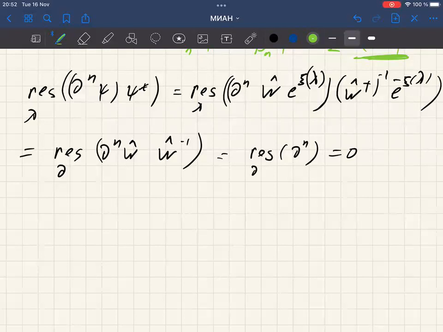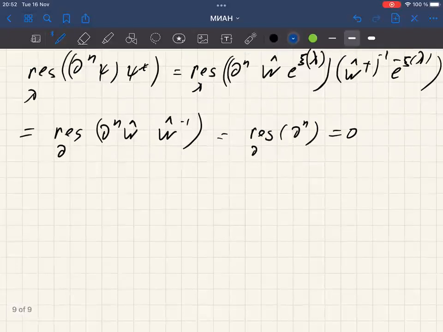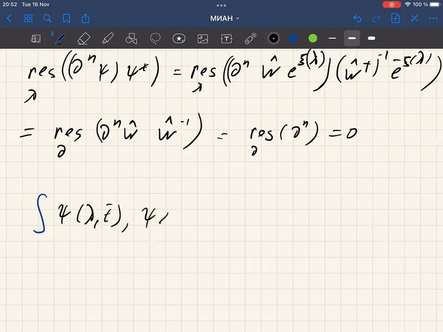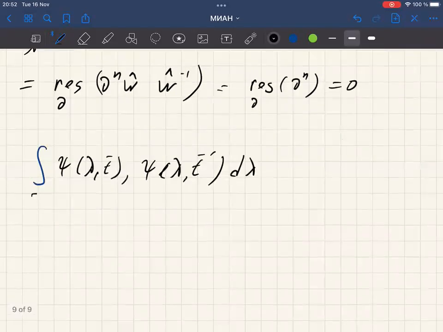Now I don't have a lot of time, so let me just say that it can be proven that psi lambda t, psi lambda t, lambda infinity, this integral, which we understand in some formal sense, is equal to the whole KP hierarchy.